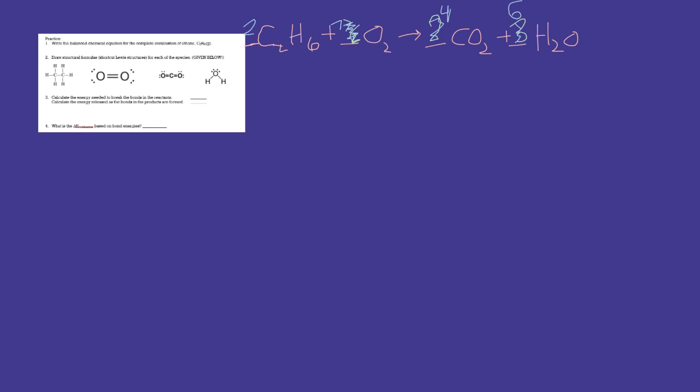So if we look at ethane, we have CH bonds and we have 1, 2, 3, 4, 5, 6 of those. And when we look on the chart, 6 times CH is negative, because remember we had to make the whole table negative, so 6 times negative 413.